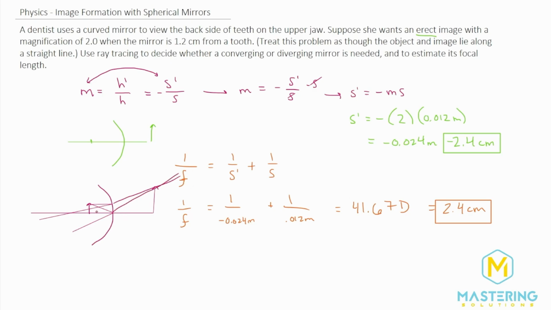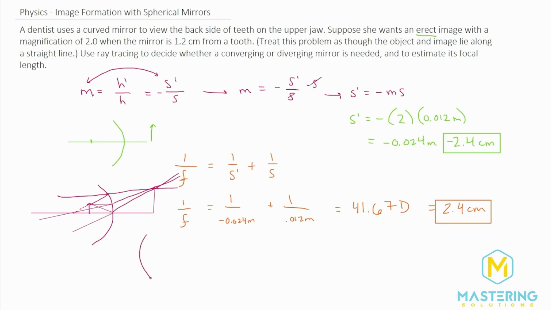Then we would have one coming as if from the focal point, which would reflect out parallel. Obviously this is the only way we can get this kind of image with a mirror, so we know that it has to be a converging mirror.